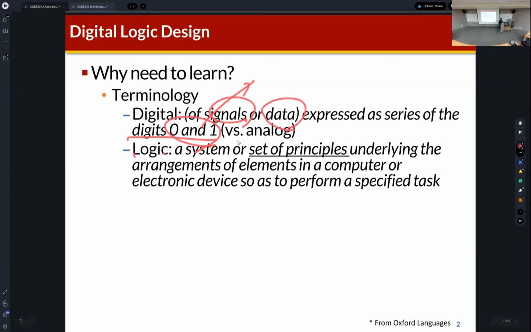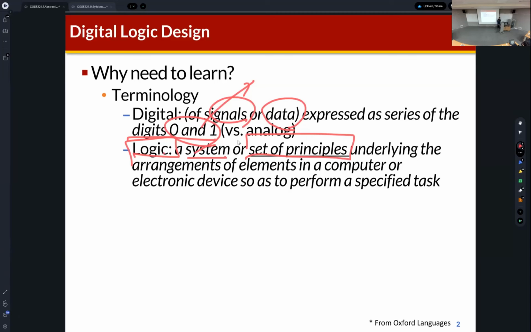Then what is the logic? So why do we need to learn about the logic? Logic is a system or set of principles. Computer systems are very, very complex. That's why we learn about computer systems, right?